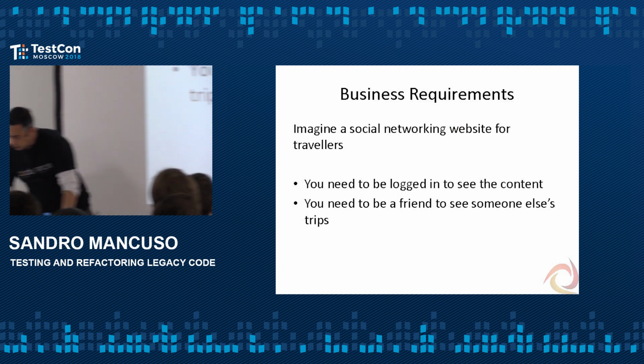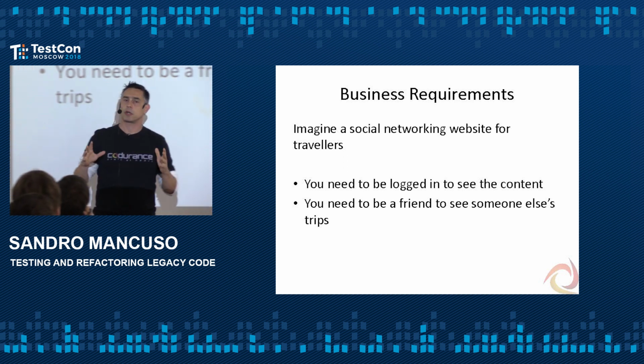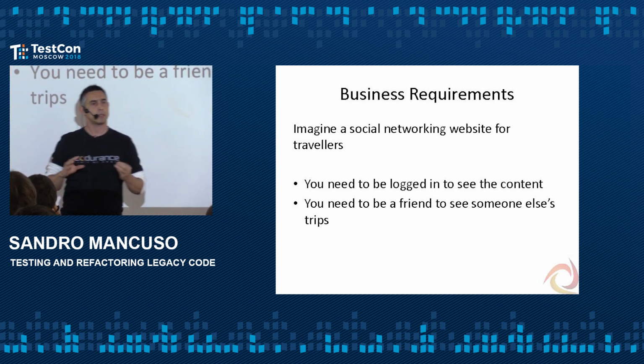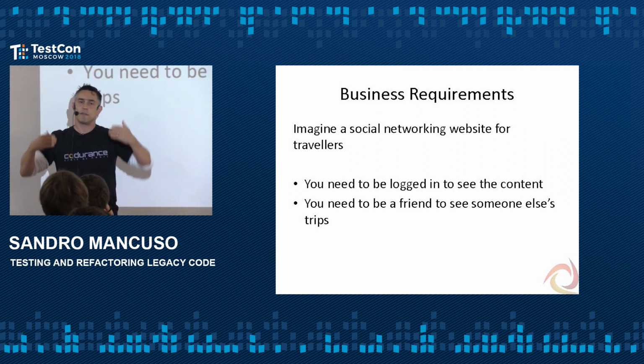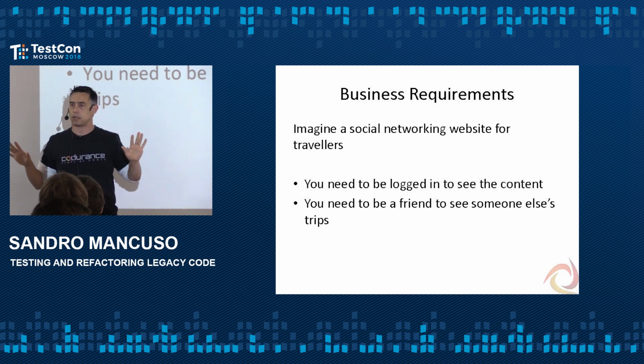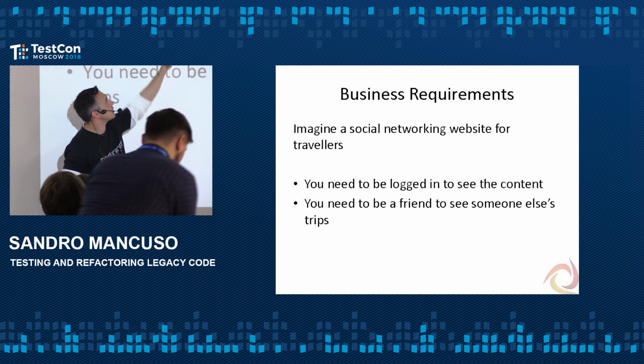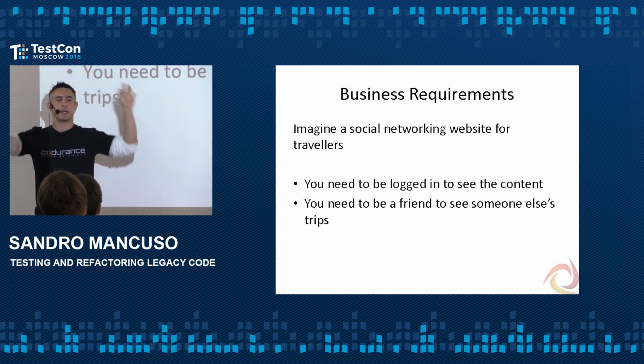So basically, what this does is, imagine a social network for travelers, right? So you imagine that I am the logged in user. For me to see any data, I need to be logged in. If I'm not logged in, the backend, this is a service class, will throw an exception.